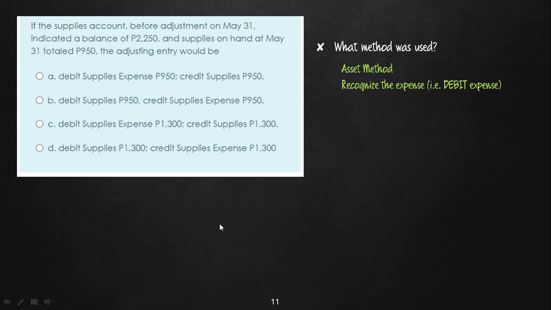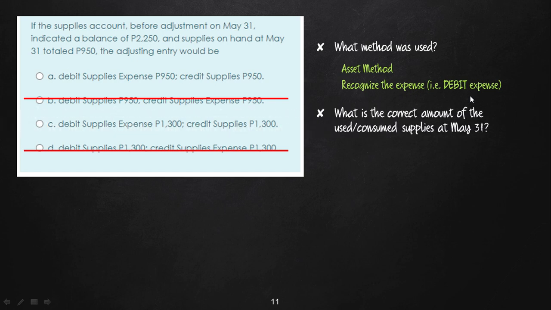O kung ano siya nag-debit og expense, tangtangan na siya, kaya di na mo ang answer. Okay, so tangtangon na siya. Kaya yan, debit asset mo. Kana po, tangtangon po na siya. Kaya debit asset. Again, kung asset method gani, dapat imong adjusting entry na pa-debit si expense. Okay, next. Atong tanawon, what is the correct amount of the used or consumed supplies at May 31?